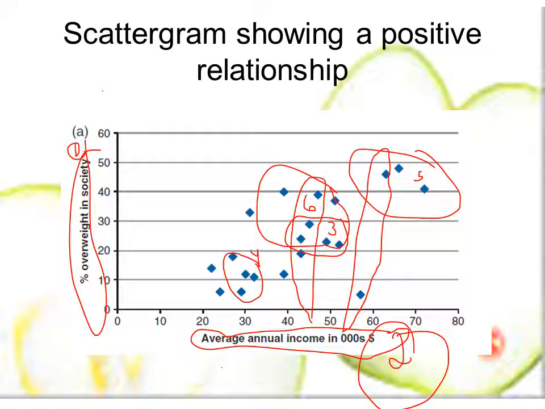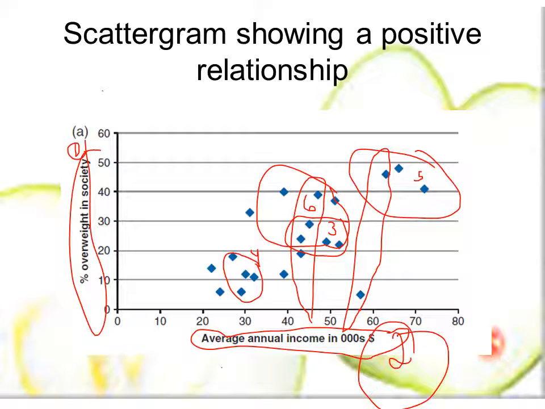If we look at that, we could say that's pretty much a positive relationship. There's a positive relationship between individuals making about $50,000 a year and being about 40% overweight in our society.